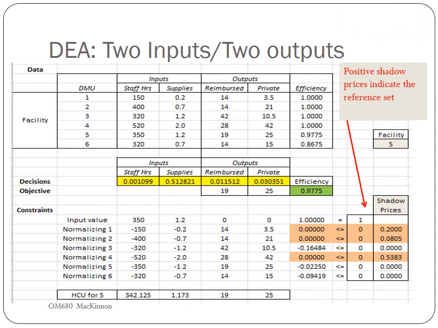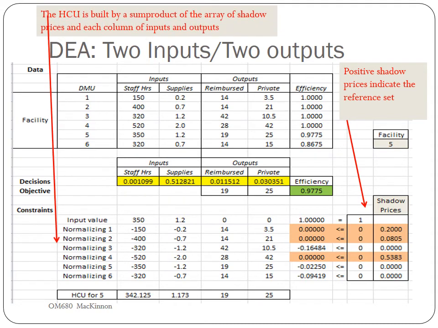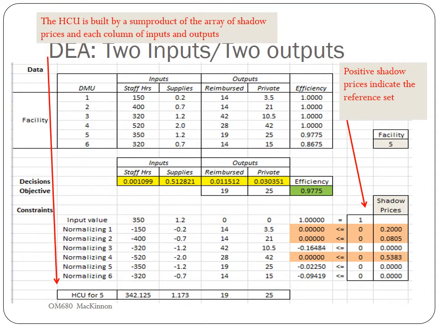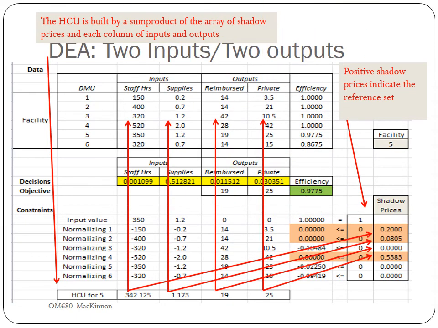So we can run the sensitivity report and get the shadow prices for our constraints. Anything with a positive shadow price indicates that it is a reference set. Once we have the shadow prices, we can calculate the HCU. The HCU for facility 5 is the sum product of the shadow prices times each column of inputs and outputs.